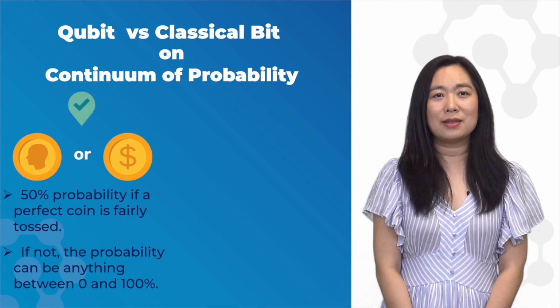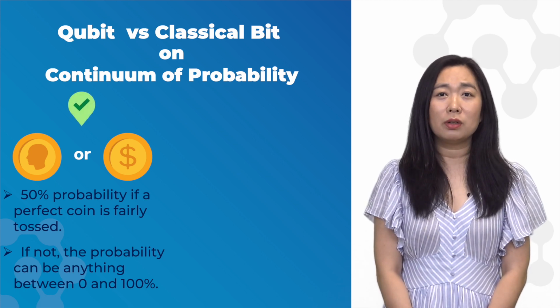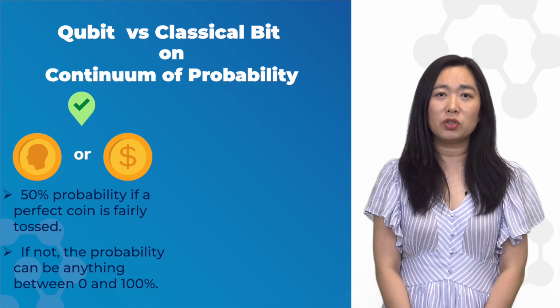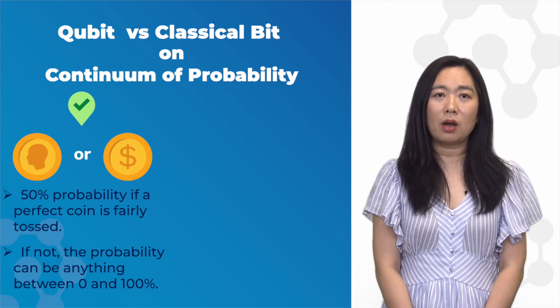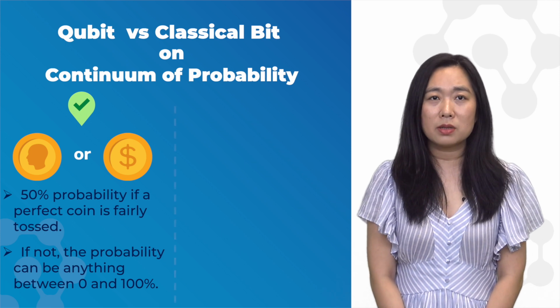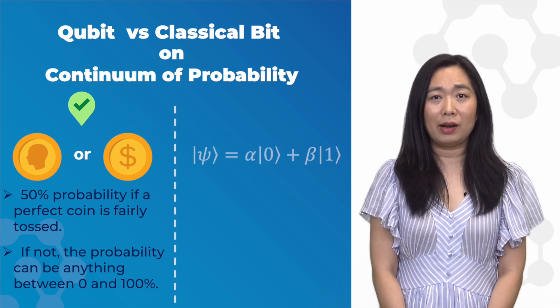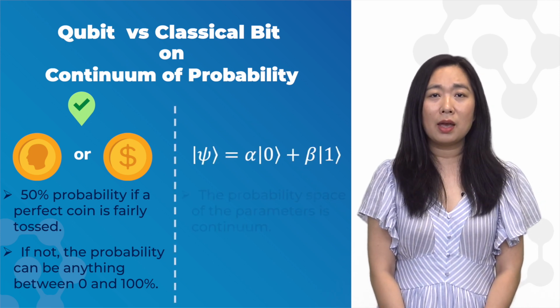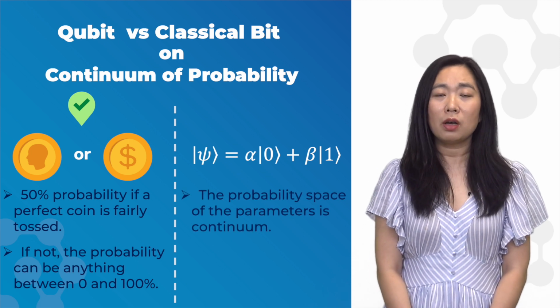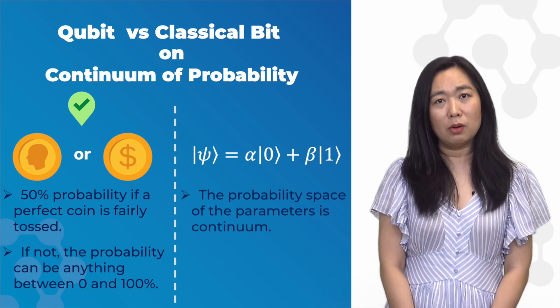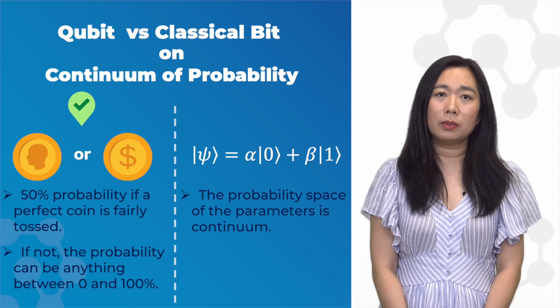For this, we can say that the probability distribution of coin tossing can be continuum if the coin can be tossed an infinite number of times. We also see directly from the qubit formalism that the probability distribution of a qubit in state 0 or 1 is continuum.